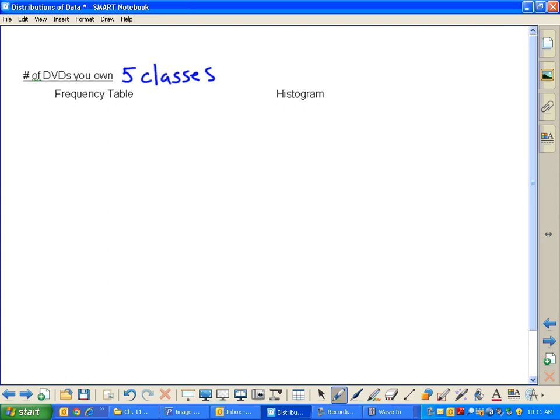The next thing I need to do is calculate the width of each of these bars, the class width, or how long our interval should be. Remember, to do this, I have to take my max data value minus my min, aka my range, and divide it by my number of classes, or my number of bars. Well, we just said my number of bars was going to be 5.